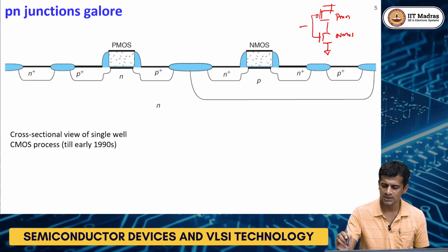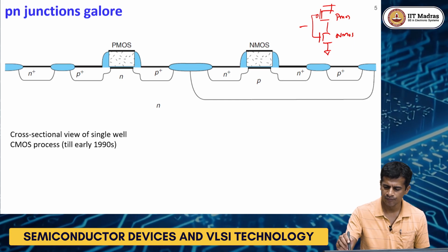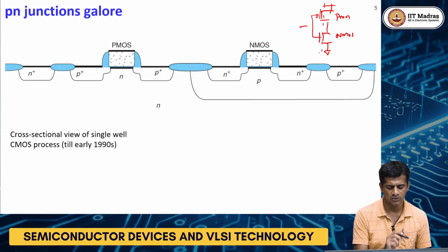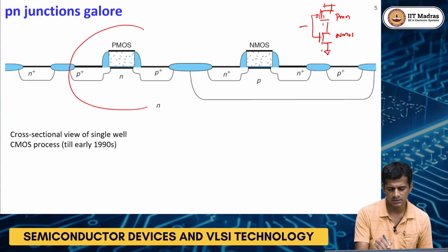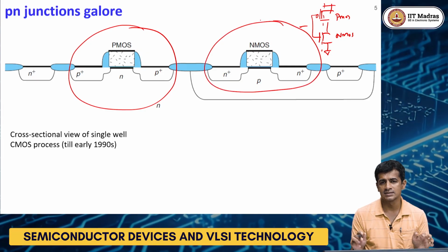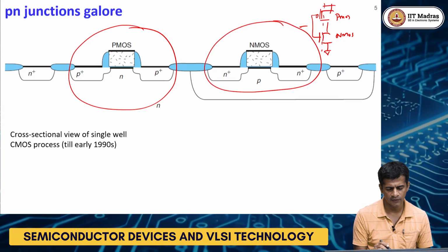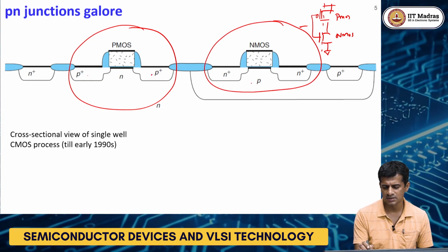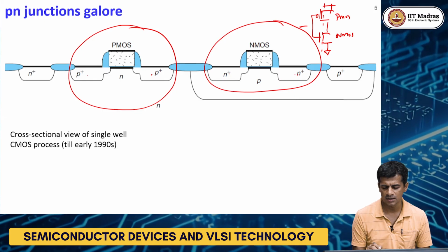If you take a cross section in this direction, this is how the device looks. This is a PMOS transistor, this is your NMOS transistor, and both are sitting on a single block. This is the source and drain of the PMOS transistor, and this is the source and drain of the NMOS transistor.